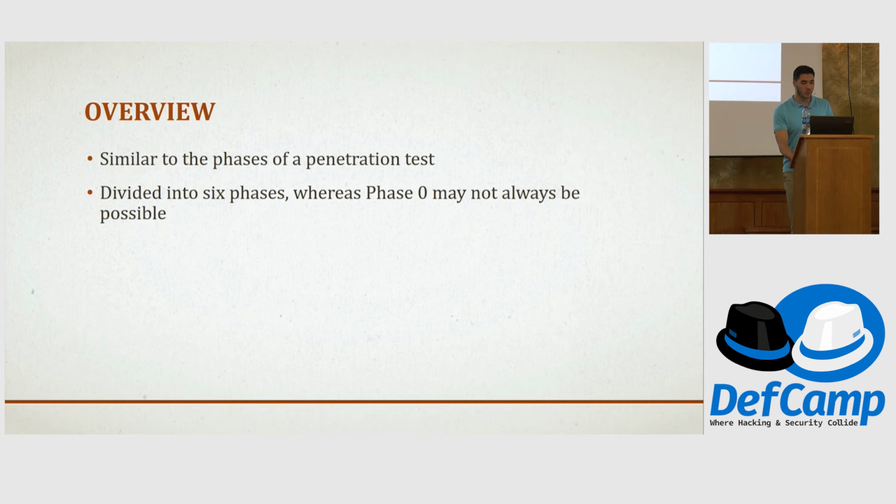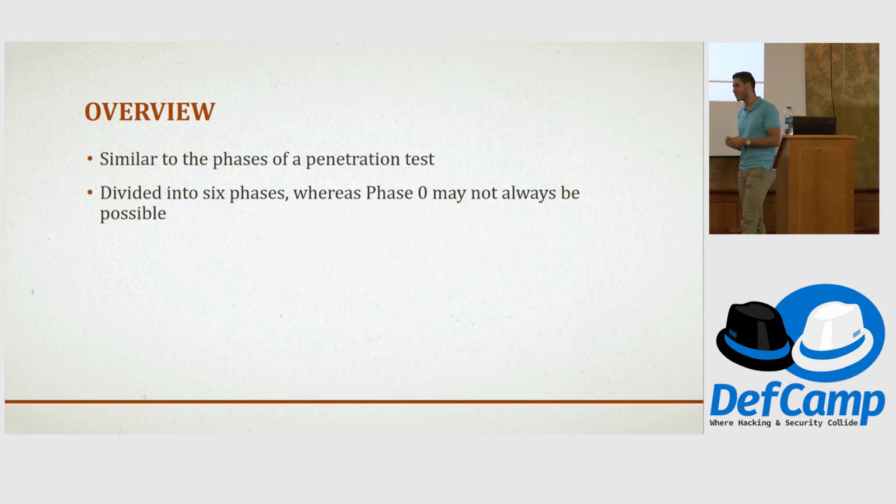So to give an overview, first of all, these phases are a little bit similar to the phases of a normal penetration test. And it is divided into 6 phases, whereas phase 0 may not be always possible. So does any one of you have an idea what the first phase may be?